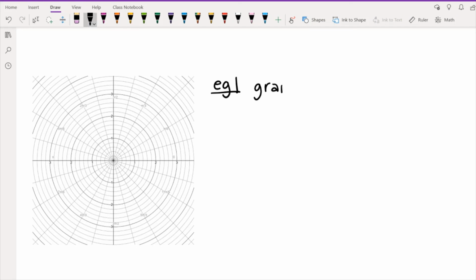So let's say that we wanted to graph the equation r is equal to 3. Let's think about what this equation is telling us. There's no theta in this equation, right? And so what does it mean when there's no theta? Well, that means that theta is allowed to be anything. You could make a table with all sorts of different values of theta.